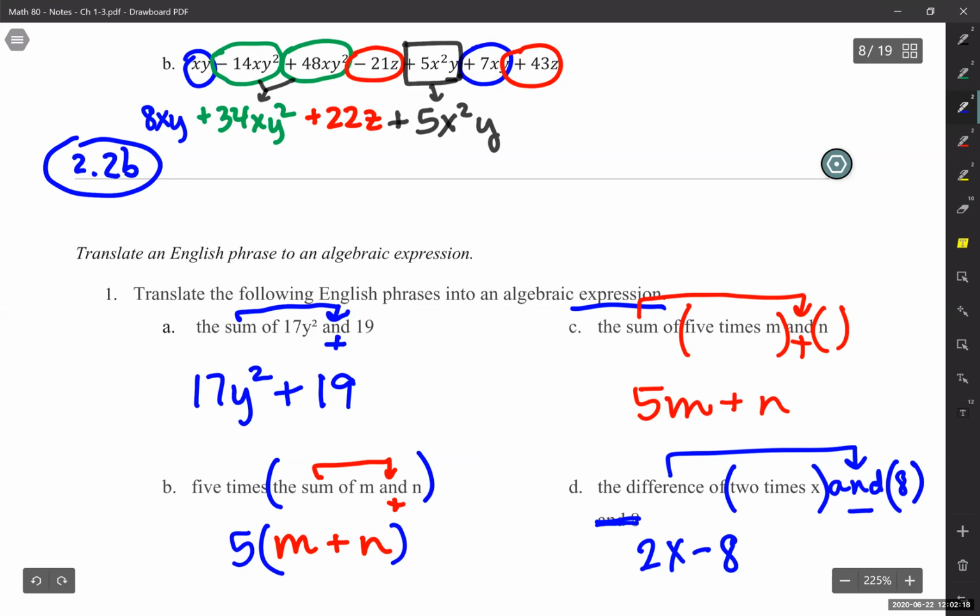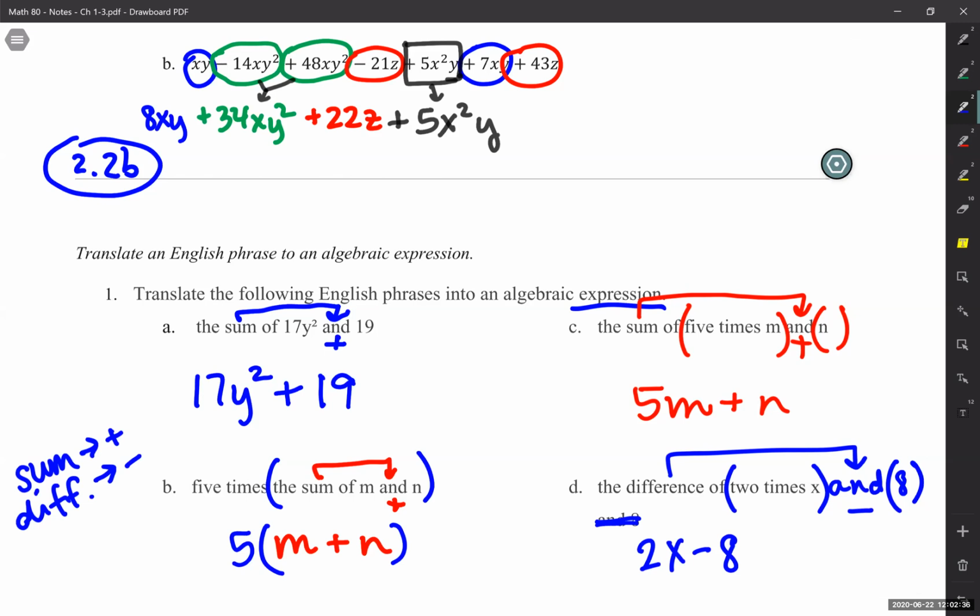And in this example, and is where the minus sign goes because we are using the word difference. So sum means the answer to an addition problem, and difference means the answer to a subtraction problem. And then we always use the word and to change for the sign.